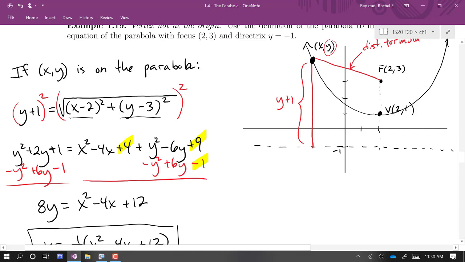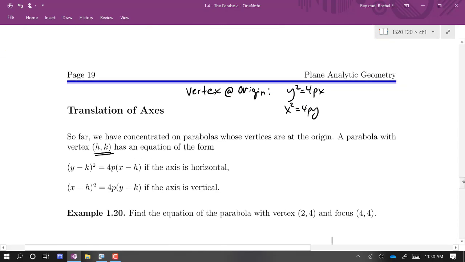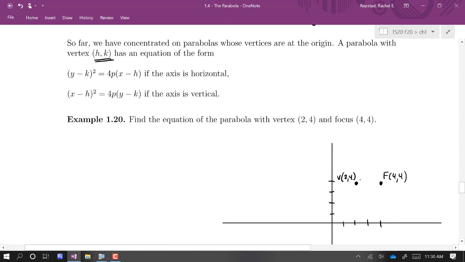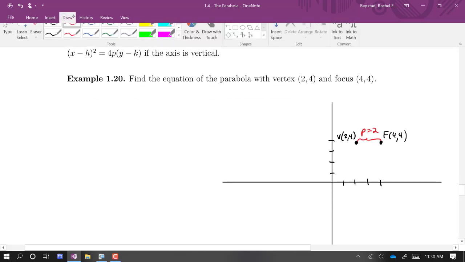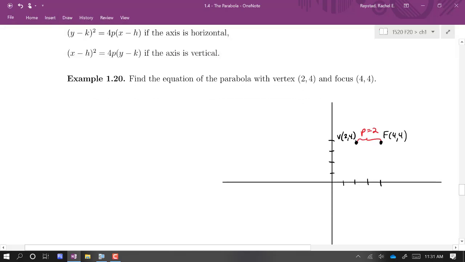So in this one, p is equal to 2, right? The last one that we did. In this example, p is also equal to 2, positive 2. I could see that it opens to the right, so p is positive. I know it's going to look something like this.